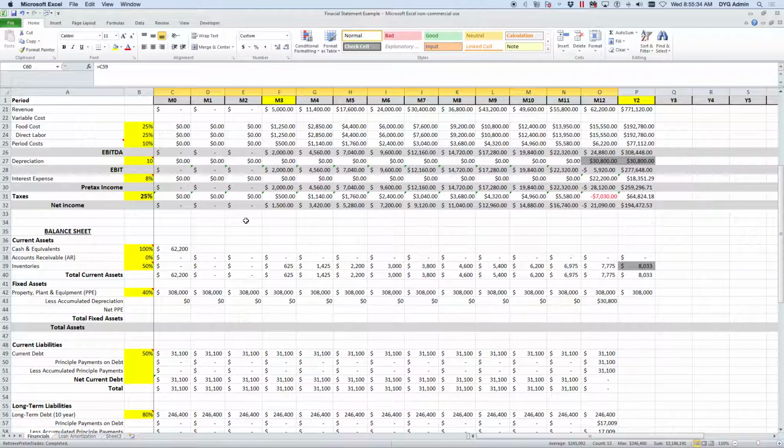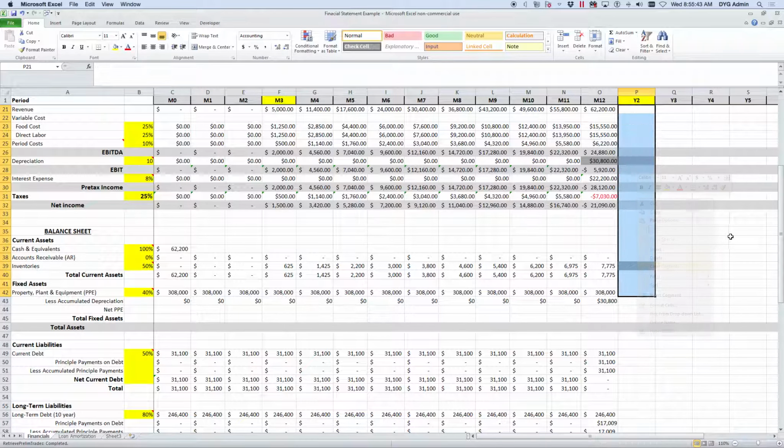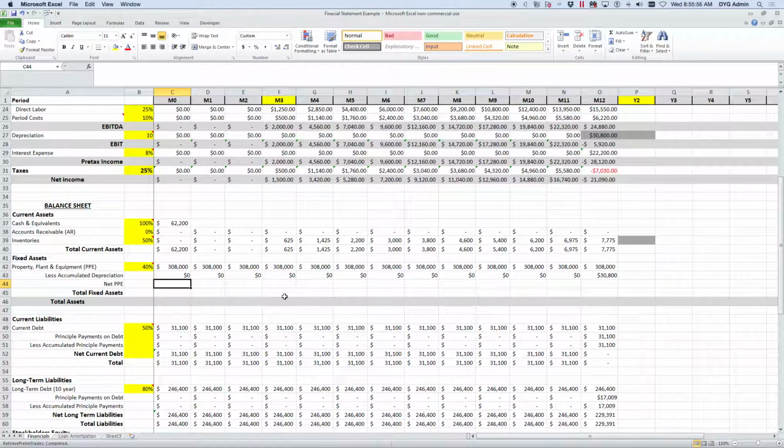Let's see. So how are we doing so far? We've got, and I don't need these numbers here, but I'm going to clear those out so it's not confusing. But we've got everything except for cash to be able to complete the total assets. I guess we need to finish out these. Net PPE, which is property, plant, and equipment, is that minus the accumulated depreciation.